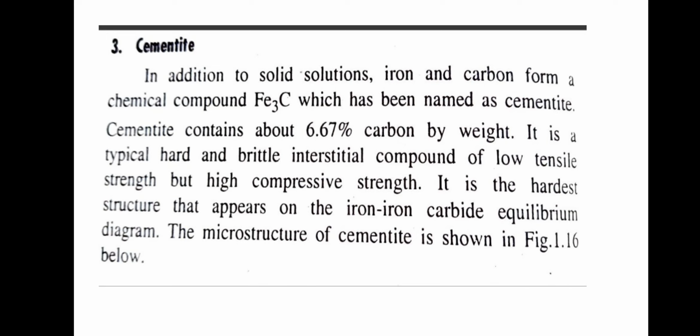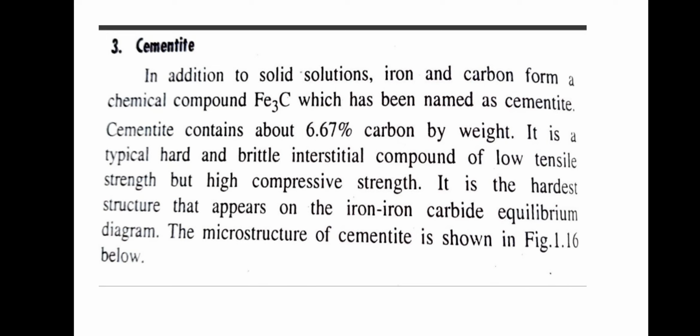The third micro constituent of iron and steel is cementite. Cementite is nothing but Fe3C. In the iron carbide diagram, iron carbide represents Fe3C, and another name for iron carbide is cementite. Cementite contains about 6.67% carbon by weight. It is very hard and very brittle.